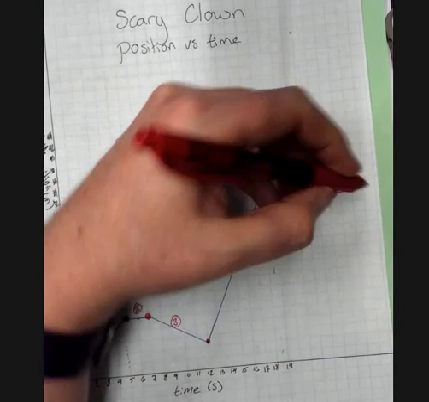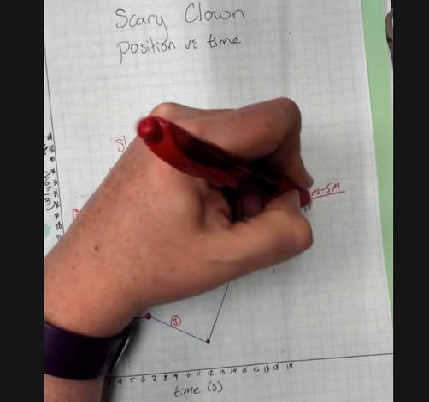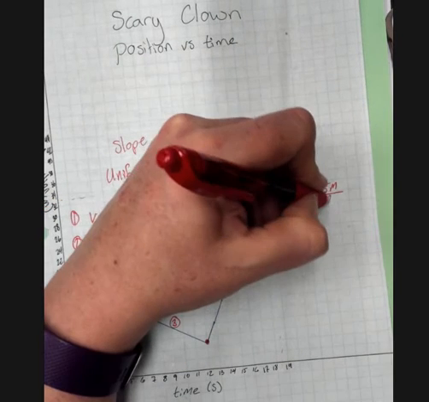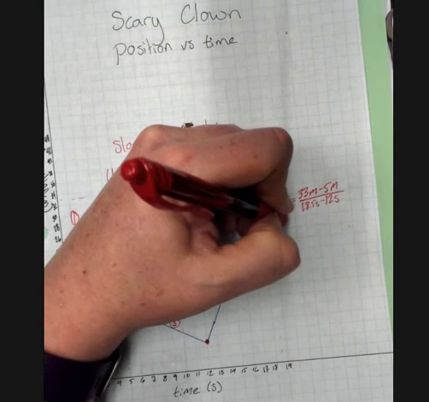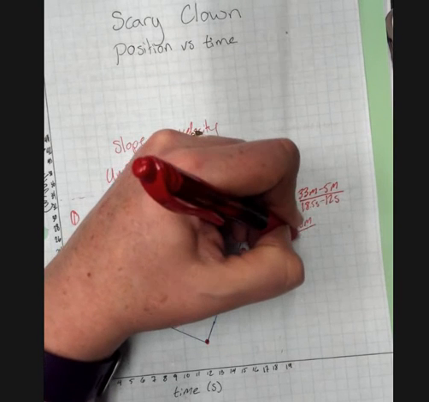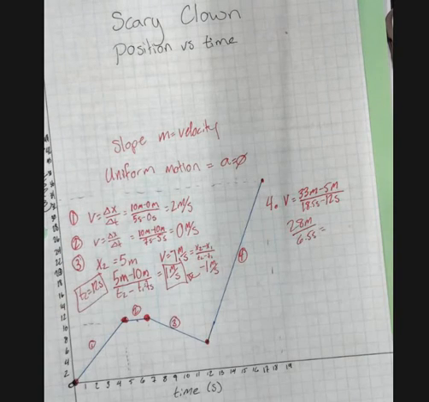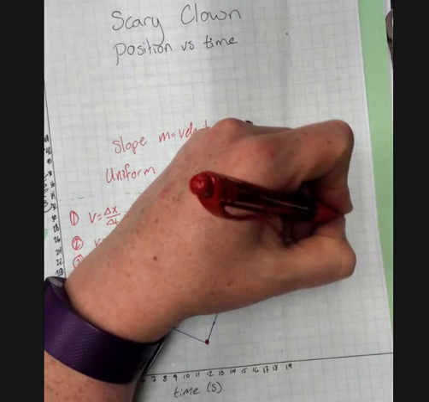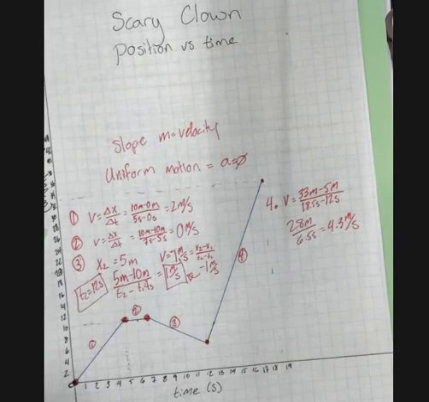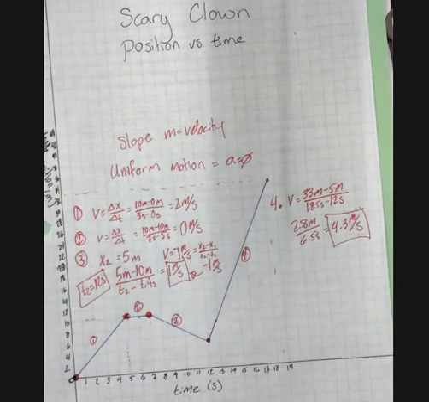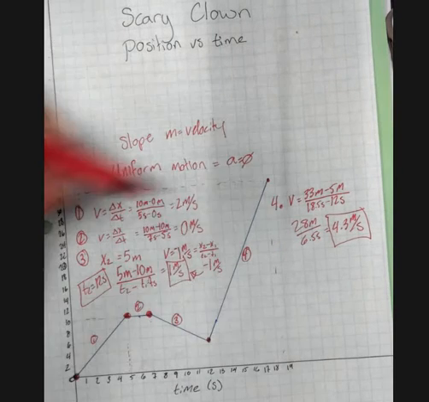And then the time change was 18.5 seconds minus 12 seconds. So we get 28 meters divided by 6.5 seconds. And that gives us a value of 4.3 meters per second. That is his final velocity. Right? That's how quickly he covered this distance.